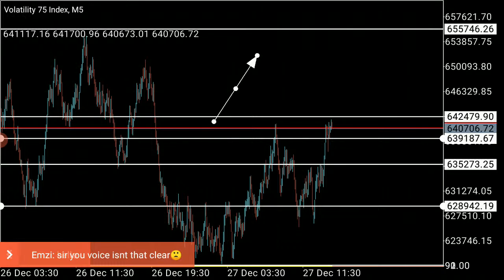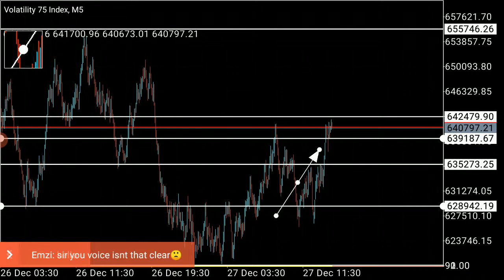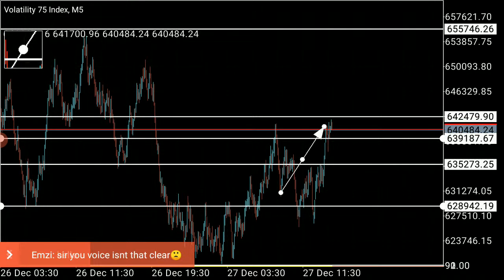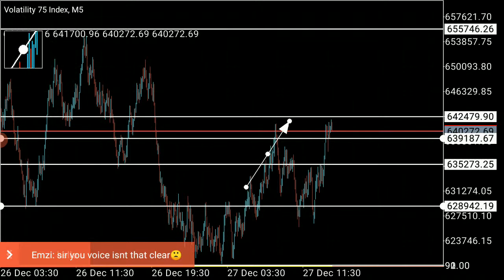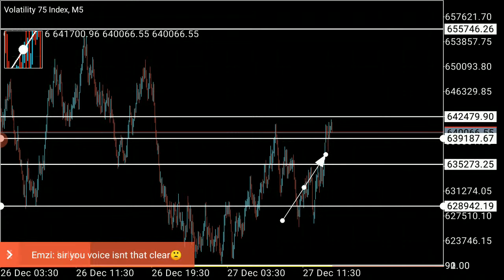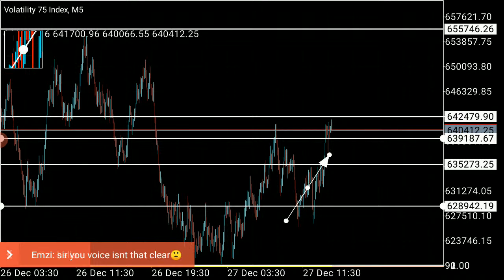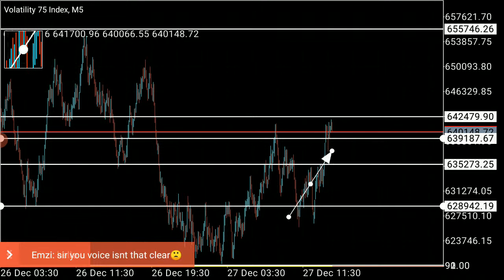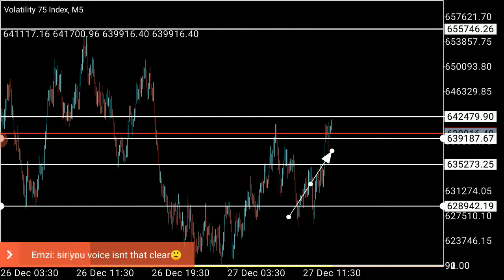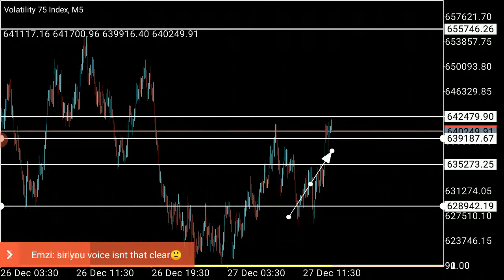Now the reason why you get scared when trading is because of the way it's moving up and down. Maybe you bought and you're wondering, is this thing going to go up? And then suddenly you see it going down against your wish, and you feel so scared that you take off your trade, taking losses instead of profits.